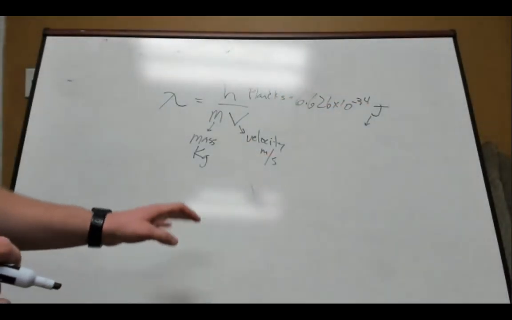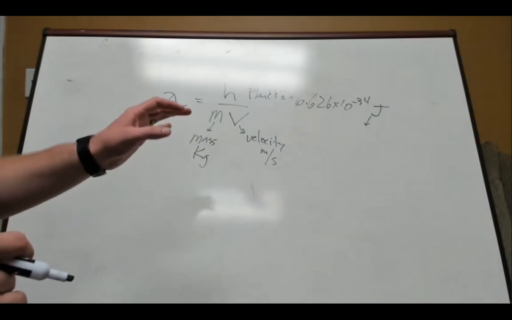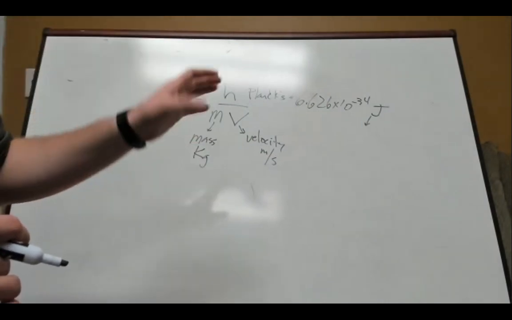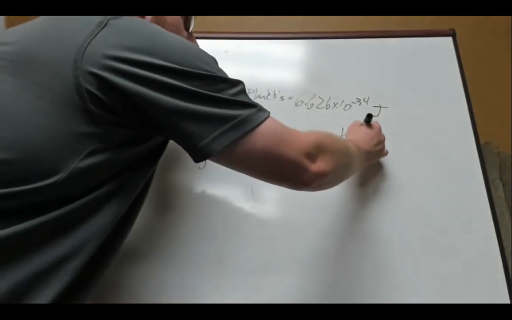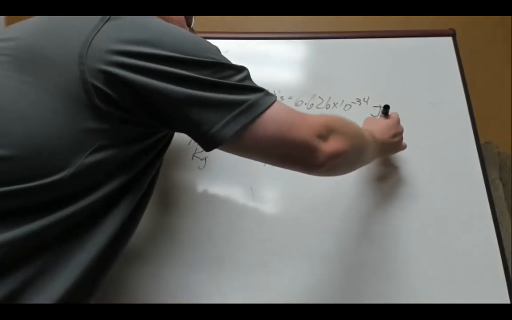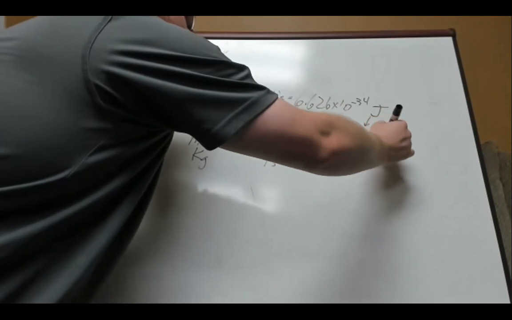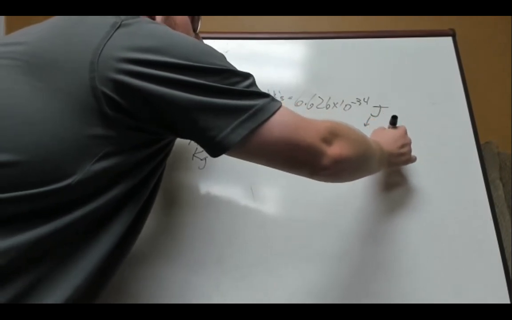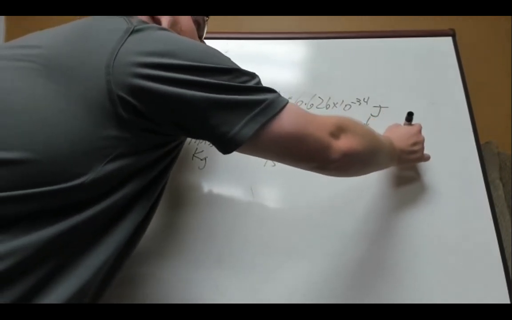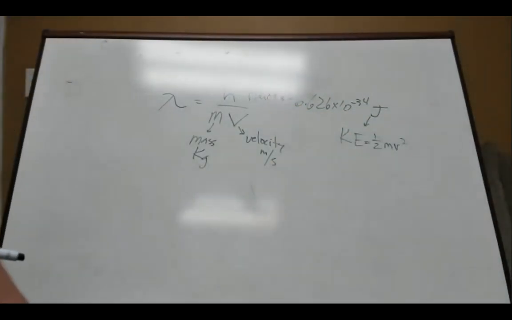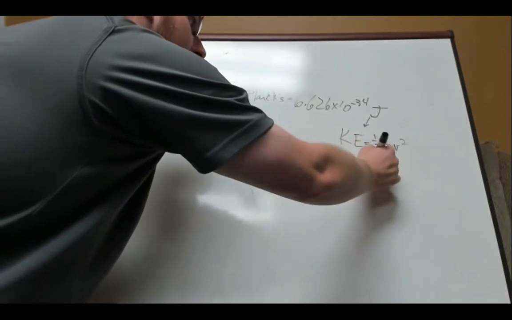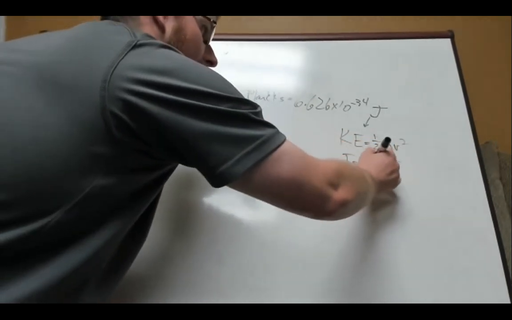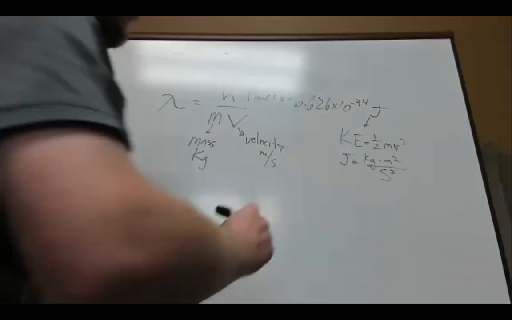I believe we talked about kinetic energy in chapter 7, where kinetic energy in joules is equal to 1/2 mass velocity squared, and joules equals kilograms times meters squared divided by seconds squared.